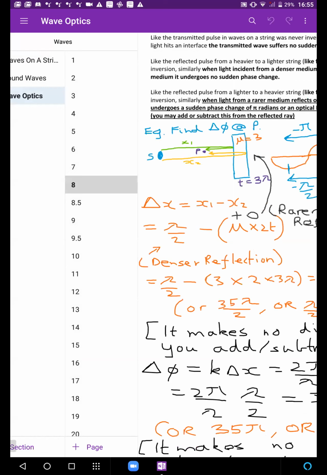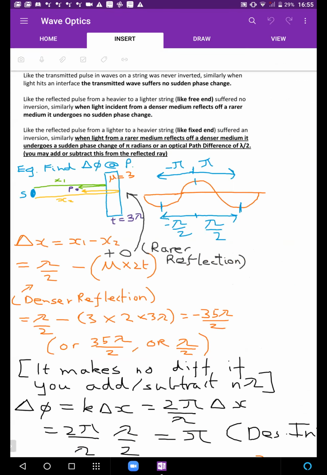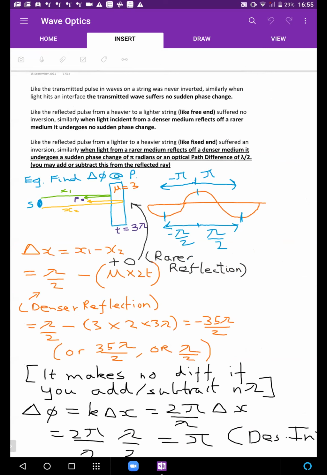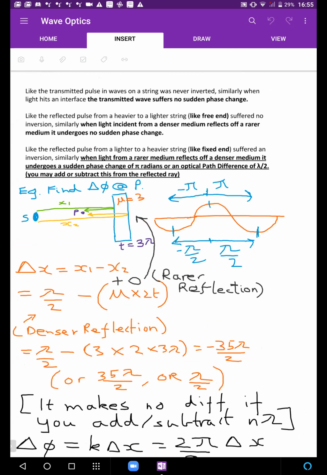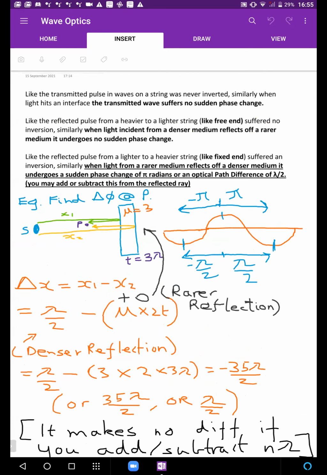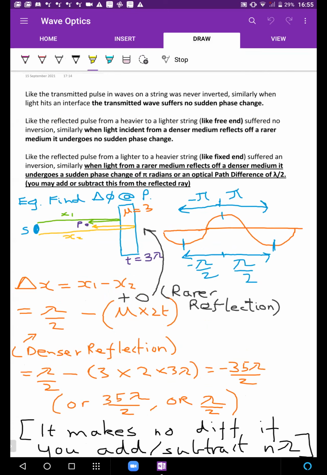This is another one. In fact, let me just check this once. हाँ, so इसमें ये क्या बताता है? It says कि light, so when, as we just saw, a wave rebounds off a free end, there was no phase change, but when it reflected off a fixed end, there was a phase change.